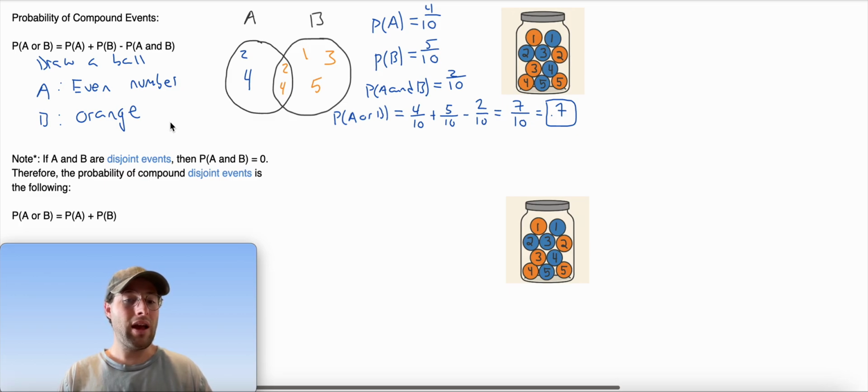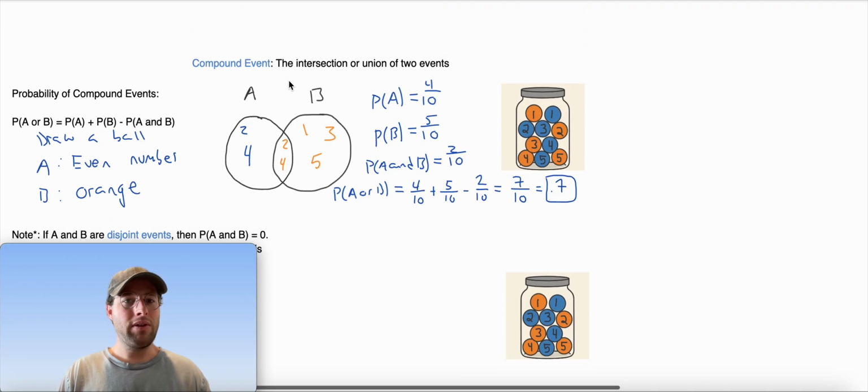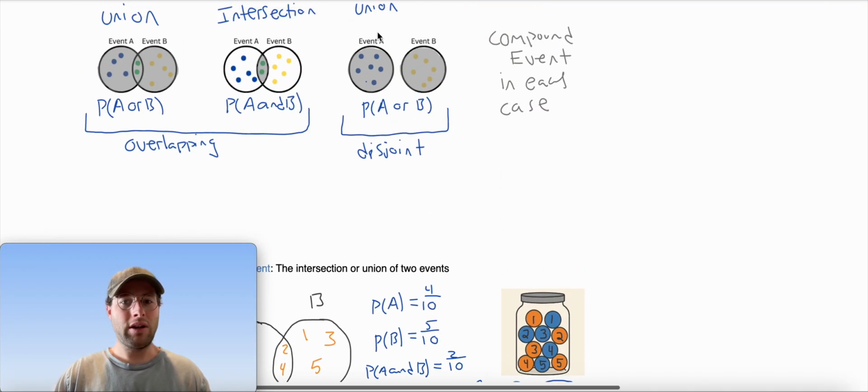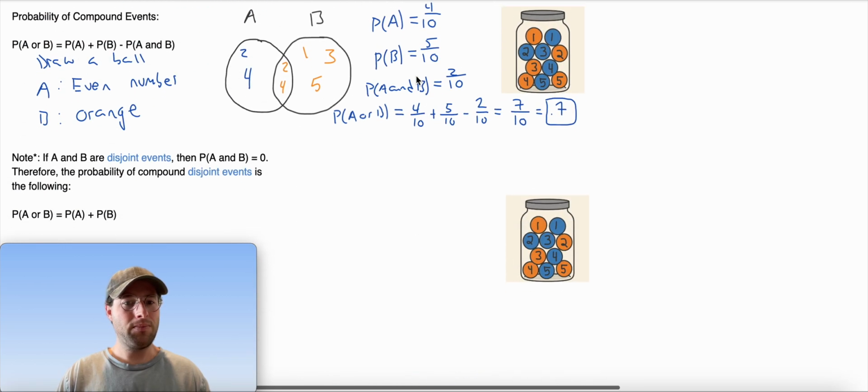The probability of A or B equals the probability of A plus the probability of B. And notice that is the case because the probability of A and B equals 0, which is this part shown right here. And if that's 0, then all we have is just the probability of A plus the probability of B, which is shown here. And remember that the disjoint events are the events that look like so, where there are no outcomes shared by both event A and event B.